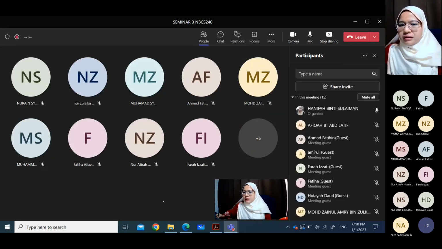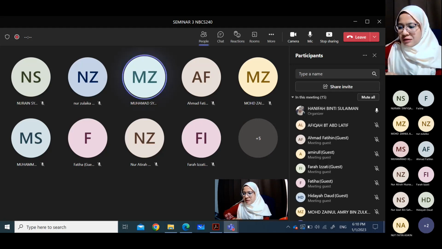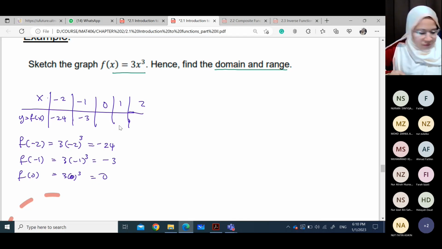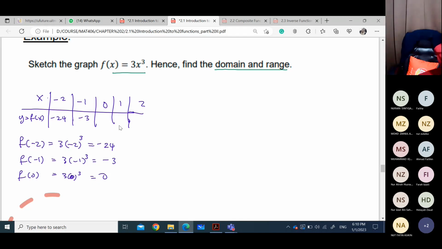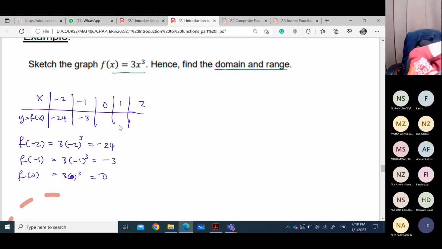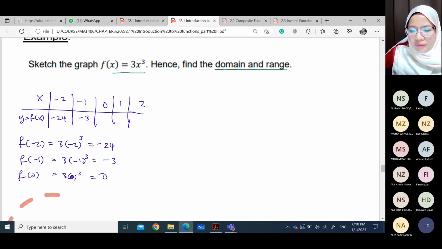Tadi macam ada yang nak bertanya. Bukan negatif 1 juga ke yang equation kedua tadi tu? Alright, kita tengok. Negative 1 to the power of 3, we have negative 1. Negative 1 times 3, oh, I see. Kita akan dapat negative 3.